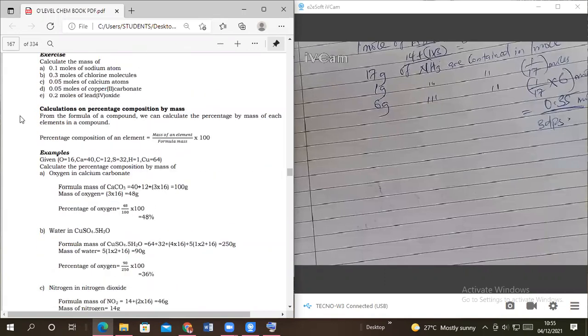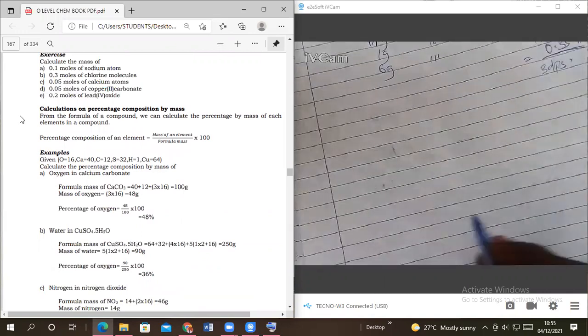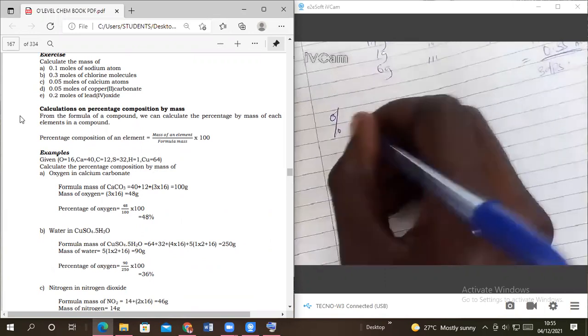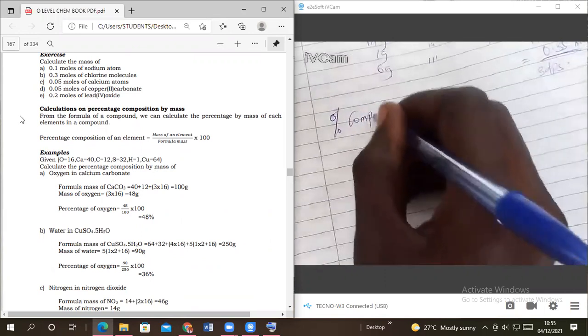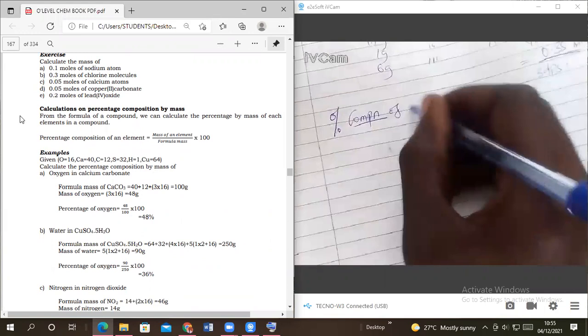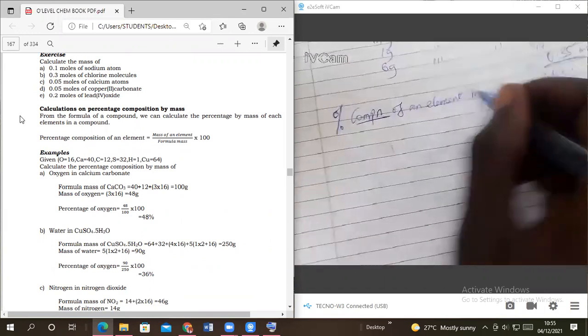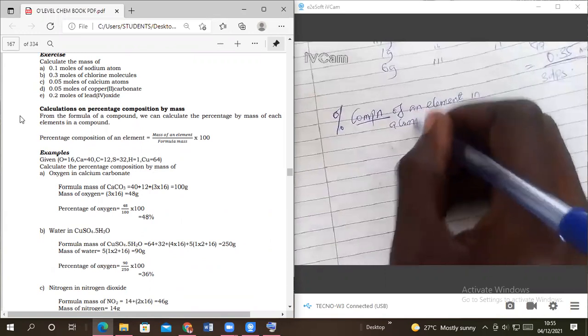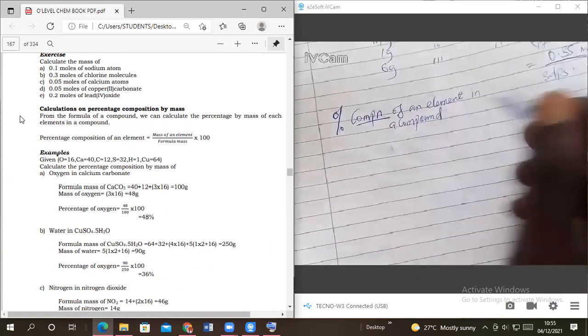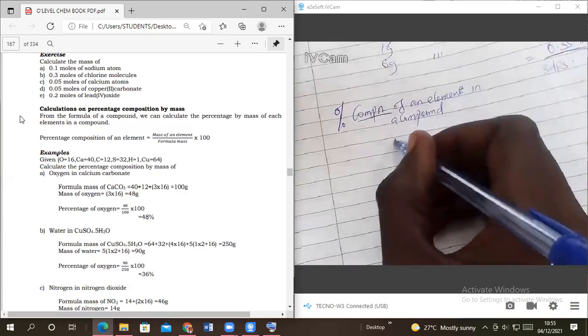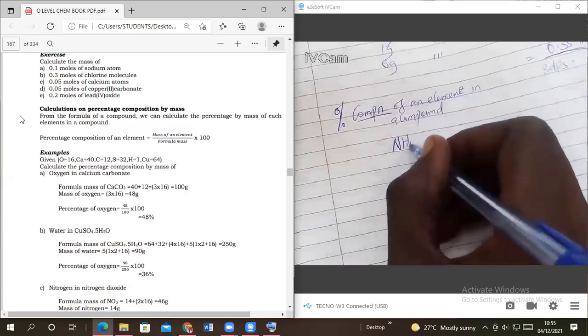Now, there is empirical formula left, but I want us to finish percentage composition. Percentage composition of an element in a compound. You might be given a compound like ammonium sulfate.